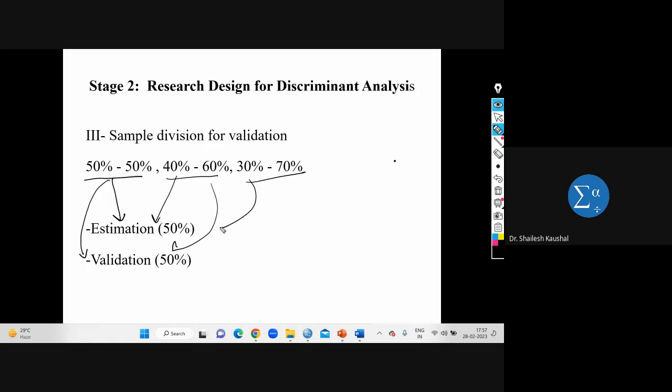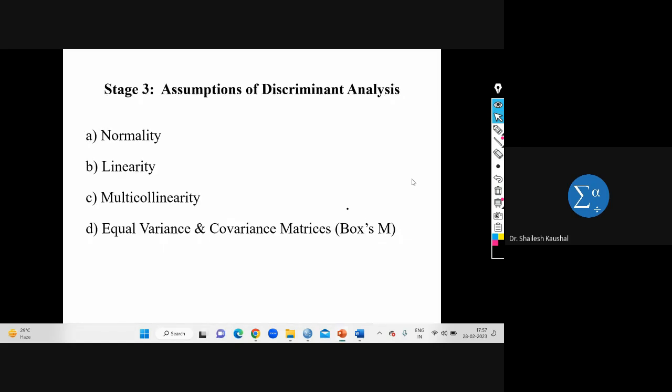Or 30 to 70 for checking the cross validity of the product. Now for cross validation purpose, we can divide our sample into two categories.